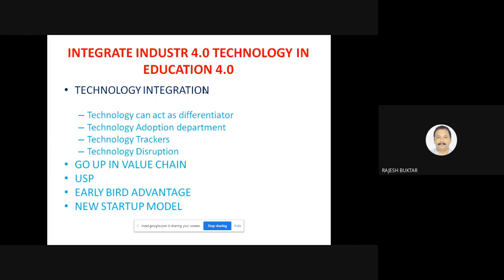And the role this technology integration department plays in industry is that it goes on integrating, adopting and absorbing newly coming technologies on a continual basis. That is why we see the tier structure existing in the industry, with the OEMs, the original equipment manufacturers, sitting at the top.